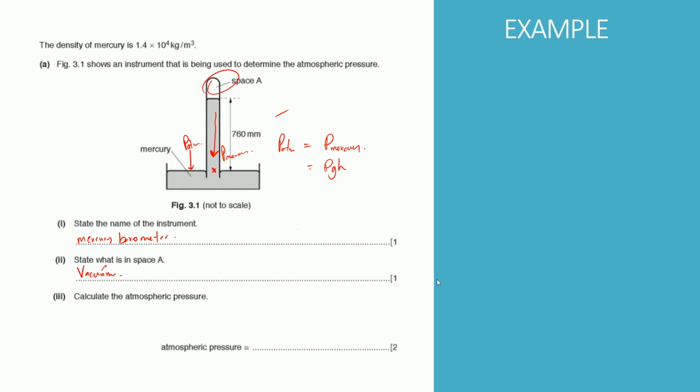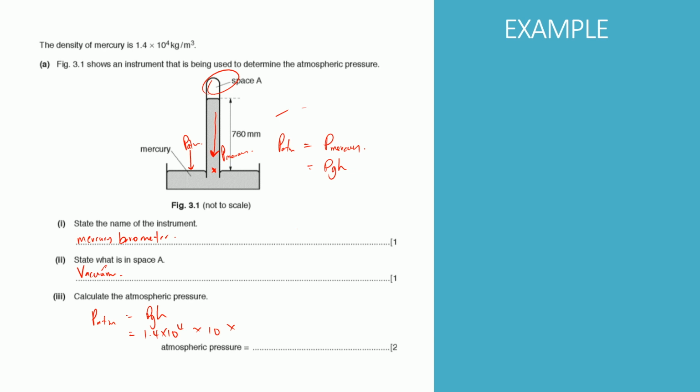Now calculate atmospheric pressure. Well, P_atm equals ρgh. We know that ρ, or the density, is 1.4 times 10 to the power 4. We know that gravity is 10, and we know that the height is 760 millimeters. But we want to convert that into meters.